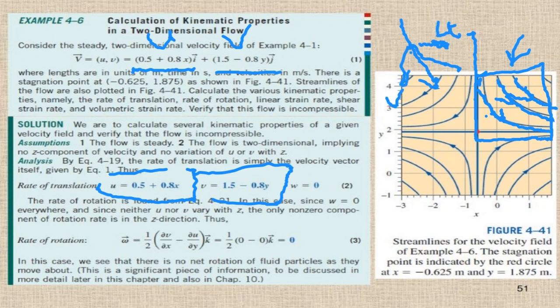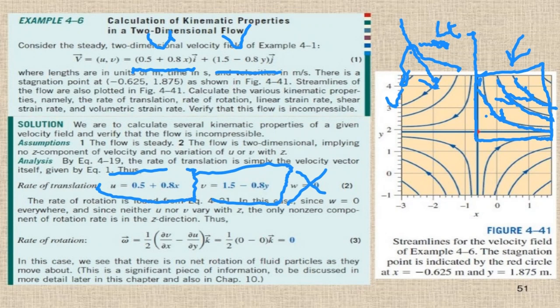These are the streamlines, and velocity vectors are always tangent to the streamlines. A streamline is a line to which the velocity vector is tangent at all points. This is the description of a streamline. And because it's two-dimensional, there is no w velocity, by definition.